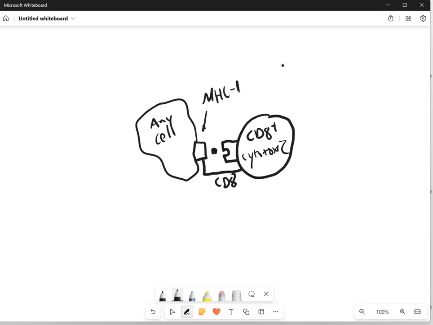Okay, so then the question is, what do cytotoxic T cells do? Well, you can look it up and it'll say they kill cells that are infected by viruses, or they kill cells that are cancerous, or they kill abnormal cells. Well, how do they know? How do they know what cell is abnormal when all they have is a T cell receptor?